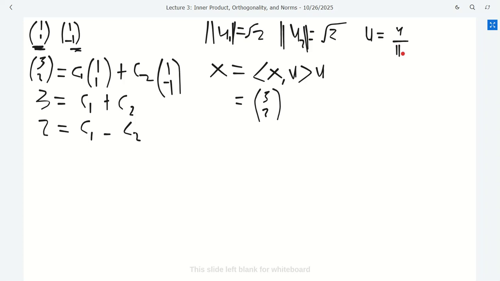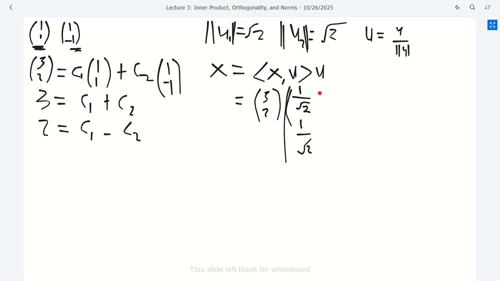Okay. So if you do that, you end up getting 1 divided by root 2. So here you will get 1 divided by root 2, right? Then we also do that for the other one, which is 1 divided by root 2.